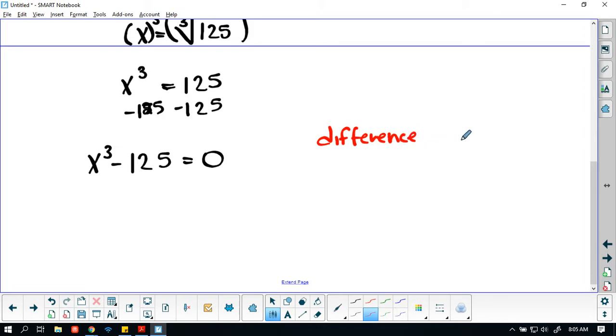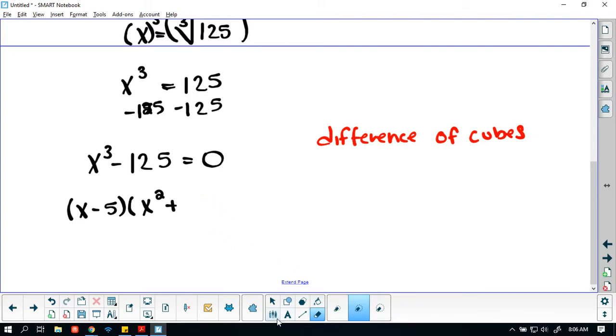So now we're going to look at the difference of cubes, because here I have a perfect cube and a perfect cube. So this is x minus 5, times x squared plus 5x plus 25.